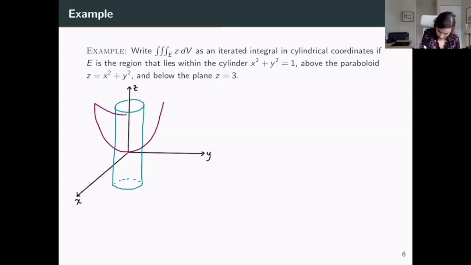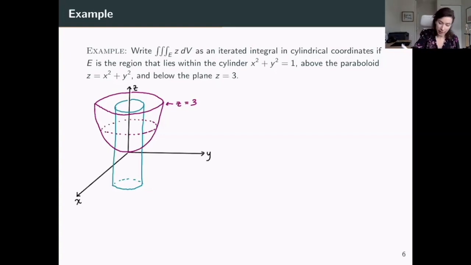So we don't need to consider what is happening above this value of z equal to 3. Now we need the region within the cylinder and above the paraboloid. I'm just going to give this paraboloid a little bit of extra dimension to visualize what is going on here.